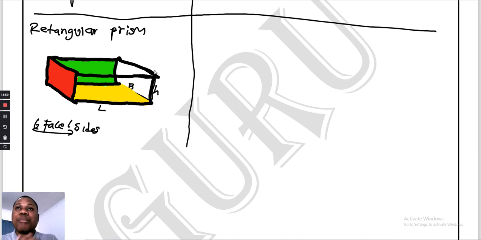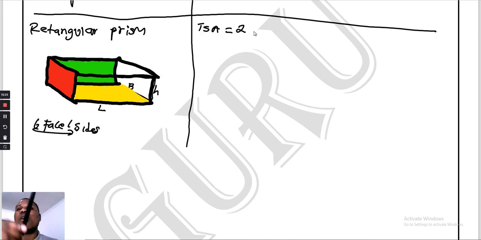Okay, now let's start. We're going to call this our total surface area of a rectangular prism. How do we calculate it? We're going to say 2. I'm explaining why we have 2. We're going to have two sides that have the same area.